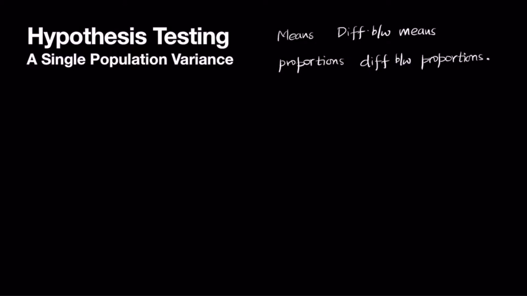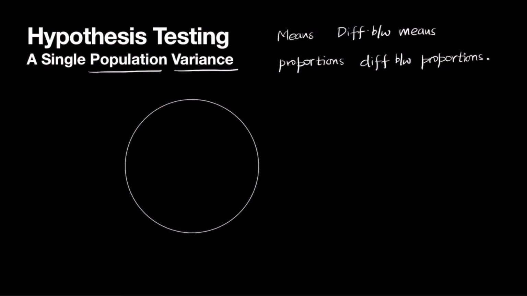So the next topic that we're going to talk about is how do you test whether the population and the sample have the same variance. Do remember that when we take a population, we take a small chunk of that population. So let's say from this particular population, we take a small chunk as a sample.